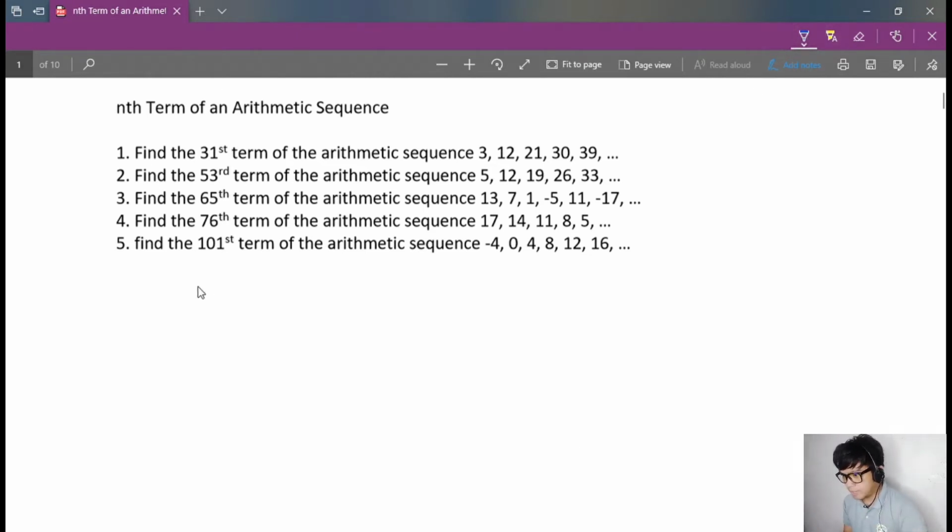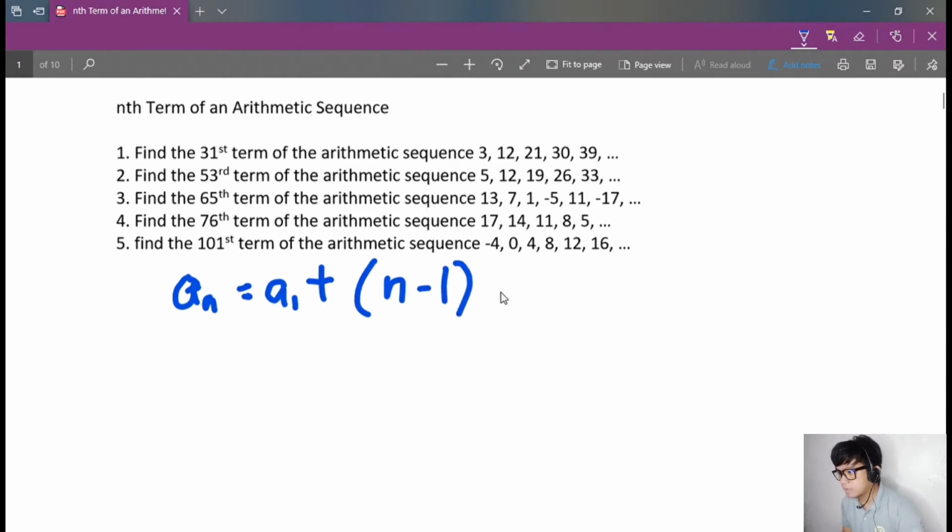So, the formula is a sub n is equal to a sub 1 plus the quantity of n minus 1 times d, wherein yung a sub n natin is the nth term, a sub 1 is the first term, n refers to the number of terms in a sequence, and d is our common difference.